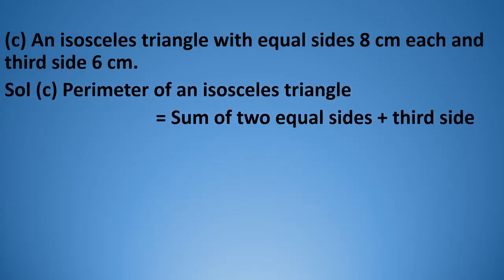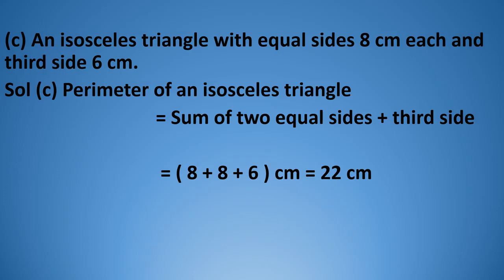Measurement of one is given to us, but we know that in an isosceles triangle, two sides are equal. So 2 times we will add 8 centimeter, and third side is given to us, 6 centimeter. So it is 8 centimeter plus 8 centimeter plus 6 centimeter, equal to 22 centimeter.